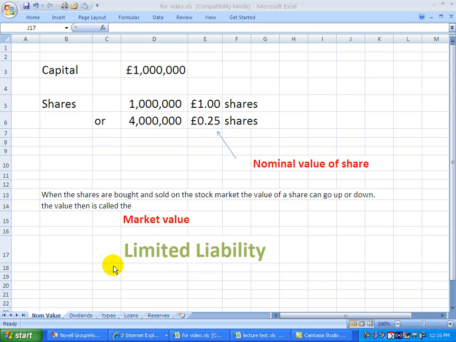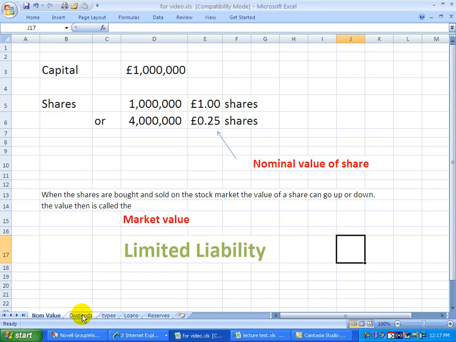Now in the past, owners of companies could lose more than the value of the company. If the company had debts, then the creditors could ask for your house, your belongings, etc., to be used to pay off those debts. With limited liability, if you've got shares in a company, you can only lose the amount you've put into that company. Okay.